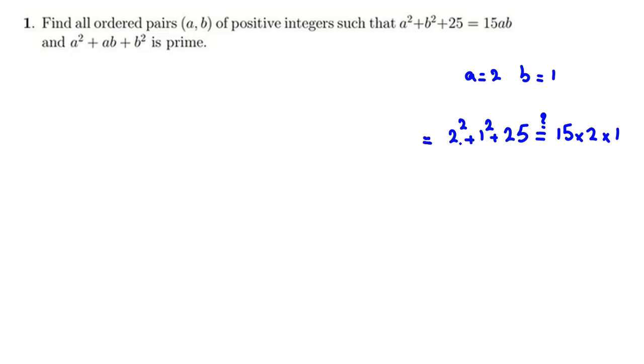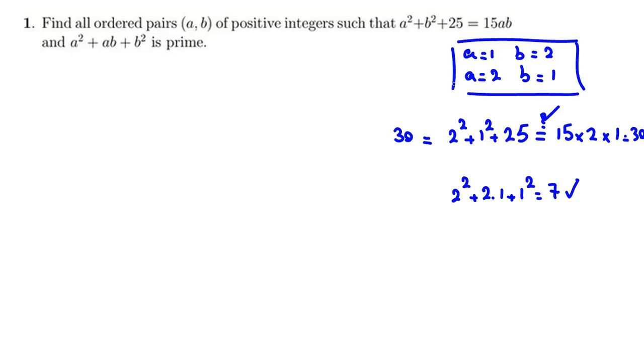This one is 4 plus 1 plus 25, 30, and this part is 30. So the assumption is satisfied. And let's see, is it prime? 2 squared plus 2 times 1 plus 1 squared is 4 plus 2 plus 1, which is 7. It's good. So we found one answer, (2, 1), and because the problem is symmetric with respect to a and b, you can say a is 1, b is 2. So we found 2 answers so far.